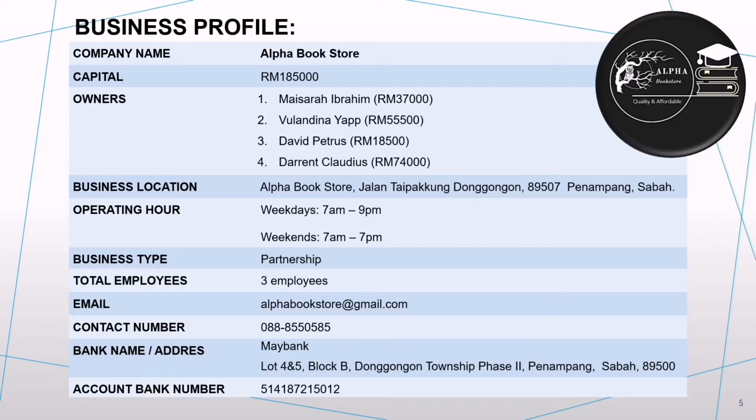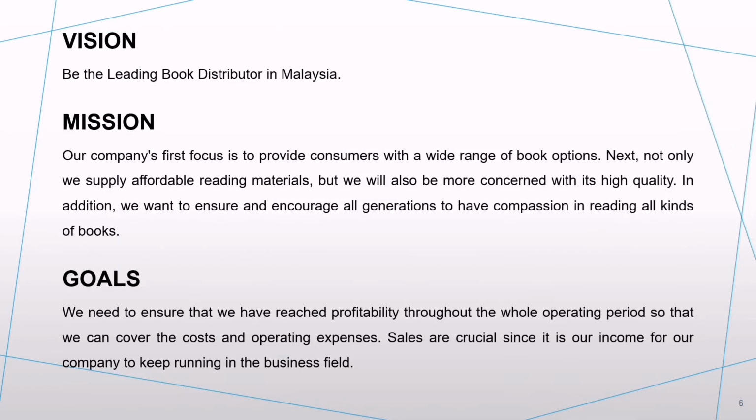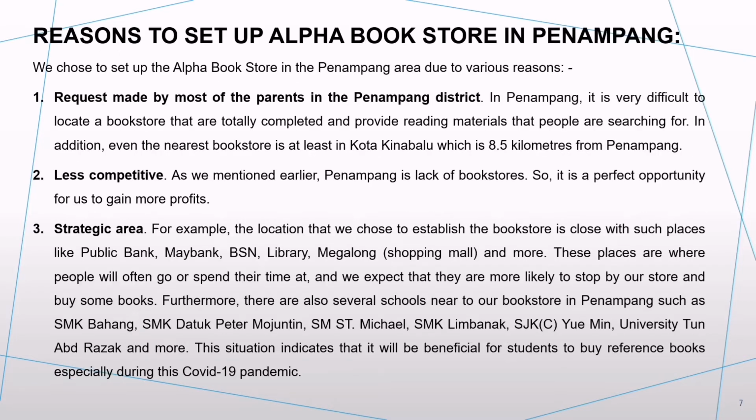Next, this is our business profile. And this is the vision, mission, and goals for our company. These are the reasons why we set up Alpha Bookstore in Penampang. The first reason is requests made by most of the parents in Penampang district. Second is less competitive.